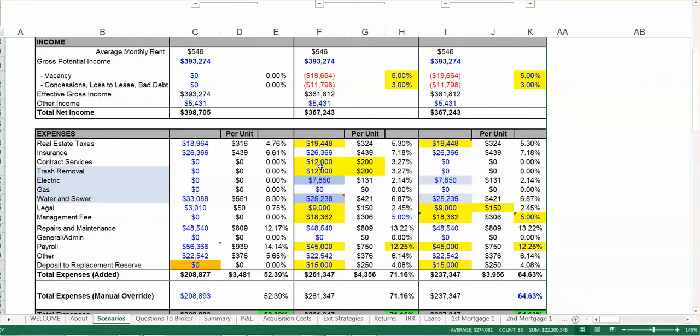And then here, the contract services, like pest control, snow removal, landscaping. I didn't see anything there. It's possible it's included in some of the expenses, but I need help to be able to extract what that is. Typically around that area it is about $200 per unit, so I added that back in.